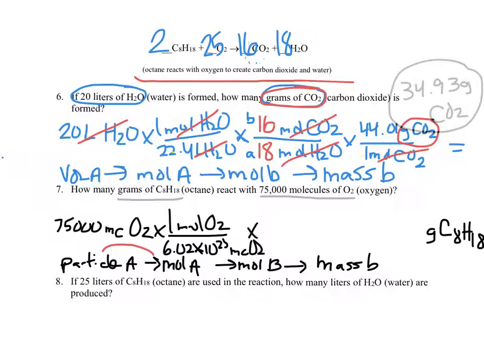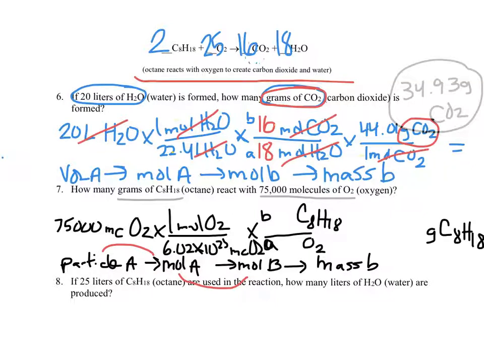Next, I'm going to go from mole A island to mole B island. To do that, I'm going to use my mole ratios. It says to put A on the bottom and B on top. So A is oxygen, so I'm going to put O2 on the bottom. B is the new object, C8H18.